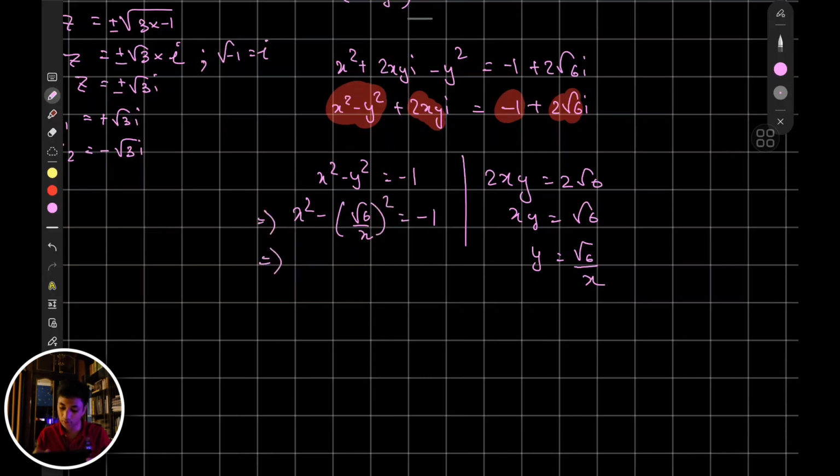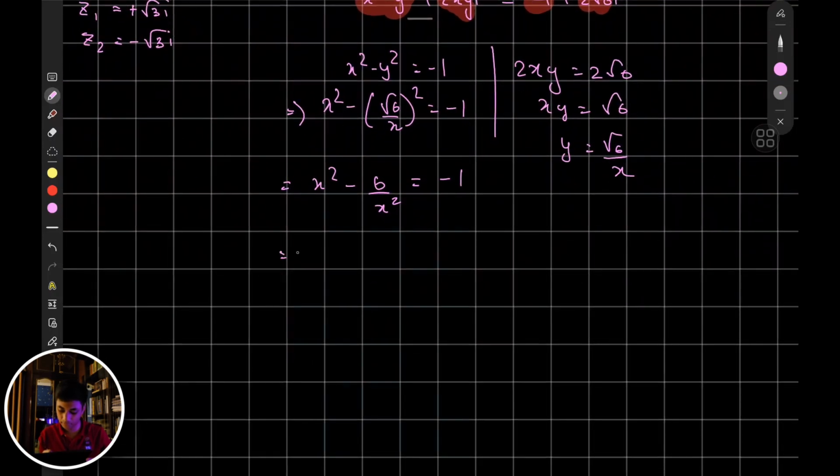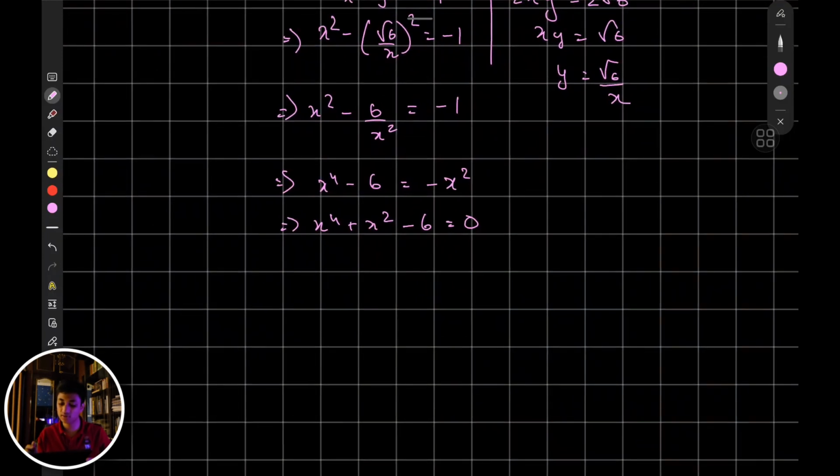Now you expand. x square minus 6 by x square is equal to minus 1. This is the equation that you get.